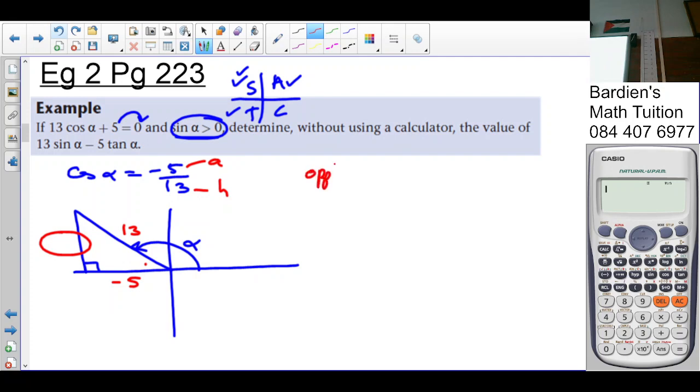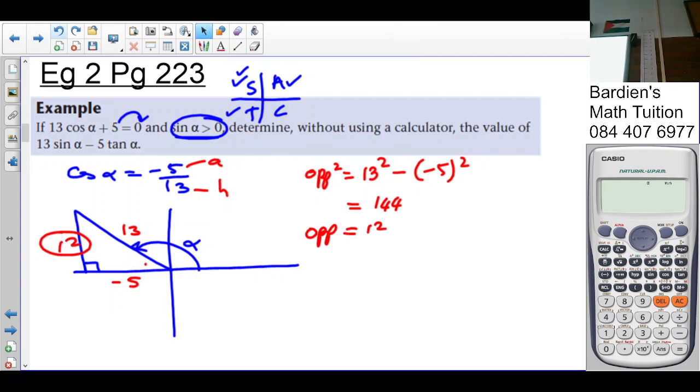So opposite squared is equal to hypotenuse squared minus negative 5 squared, which gives you 144. Is that correct? The square root thereof is going to give you 12. You see, you didn't learn Pythagoras for nothing in grade 8.